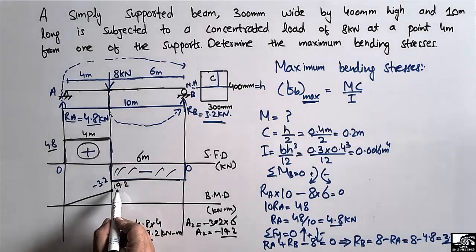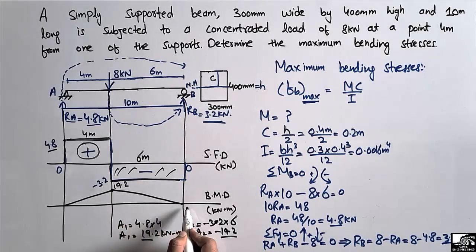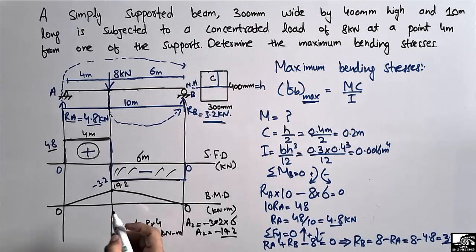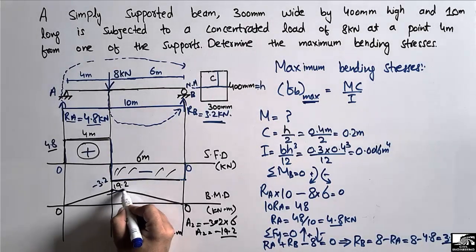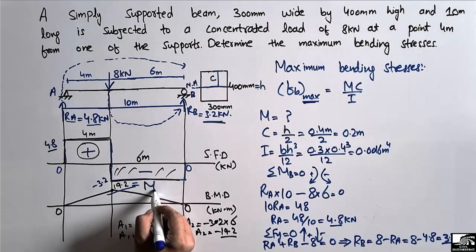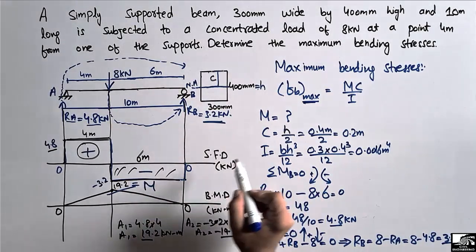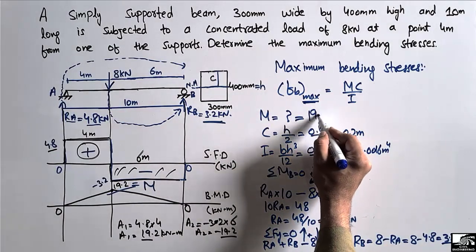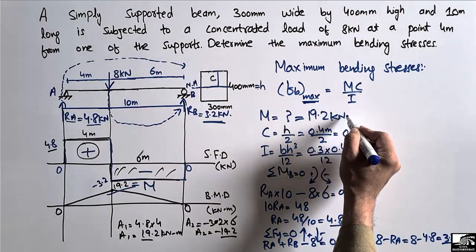If we add minus 19.2 to plus 19.2, it will become 0. So we got 0 bending moment at this point and at this point. So the maximum moment for this beam is 19.2 kilonewton meter.